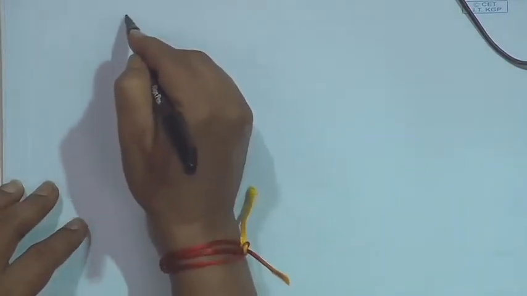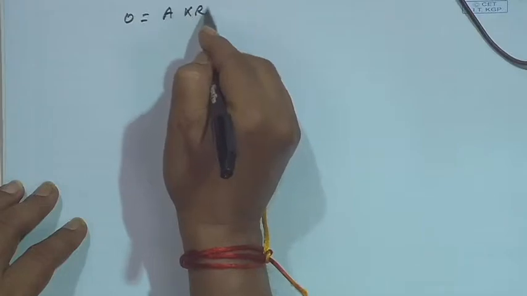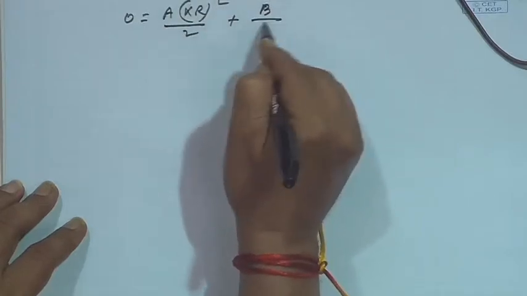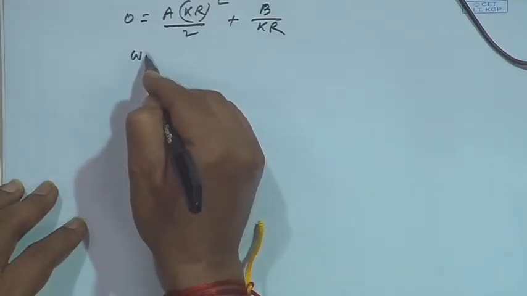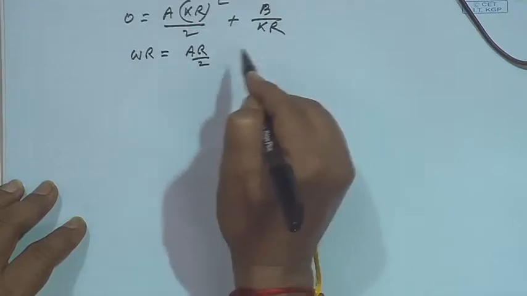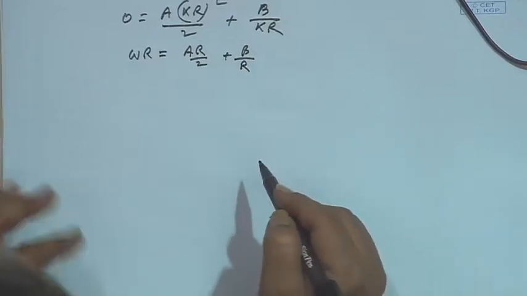So, we have 0 is equal to A kR square by 2 plus B by kR, and we also have omega R is equal to A R by 2 plus B by R.